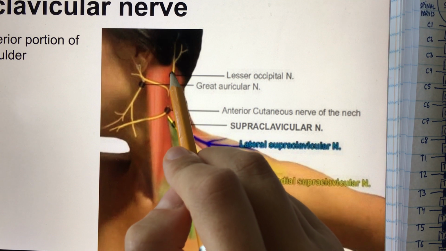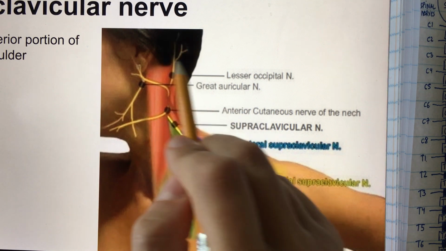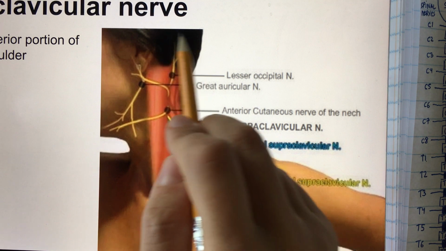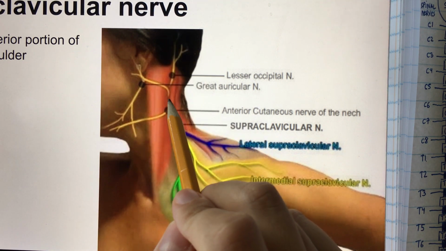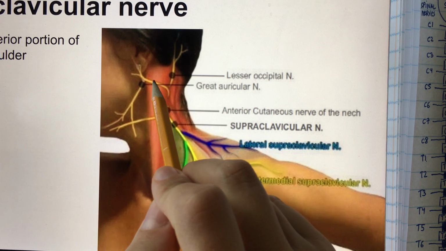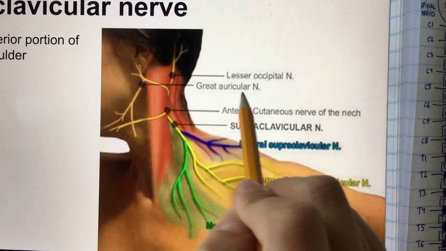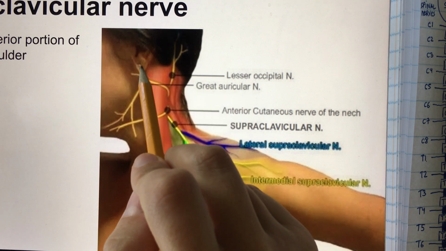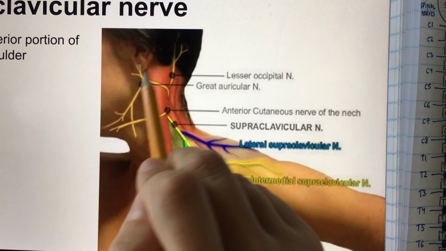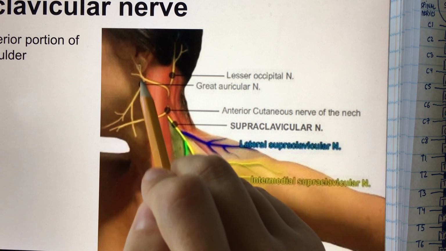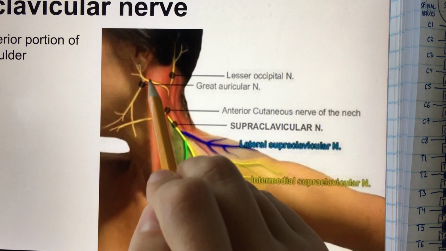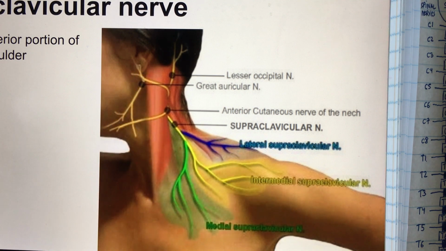It spreads over the occipital region of the head, the skin of that region. And this is the greater auricular nerve. Auricular means ear. So it's going to be spreading around the region of the ear and kind of like under the ear, the jaw line over the skin of that area.